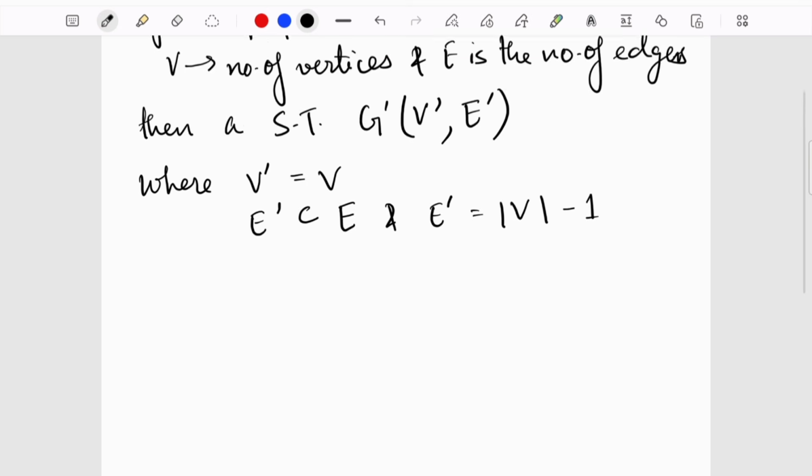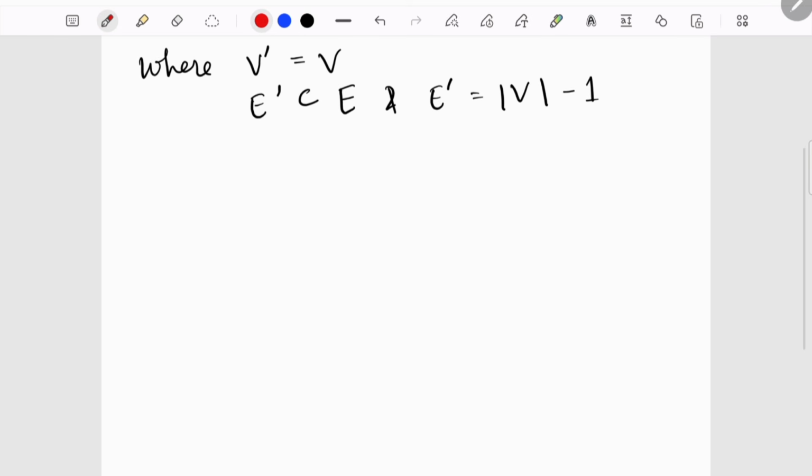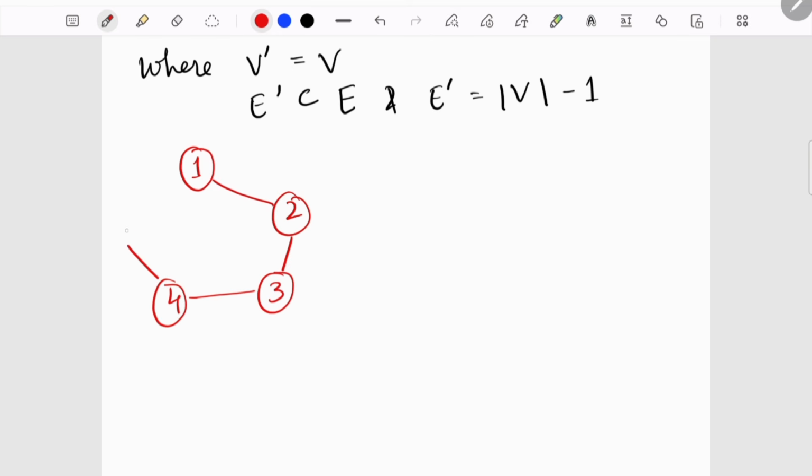Now let's see what we actually mean by this. Say, for example, you have a graph like this. Now if this graph is represented by G(V, E), then V is the number of vertices, so it is 5, and the number of edges, we have 1, 2, 3, 4, 5, is also 5.